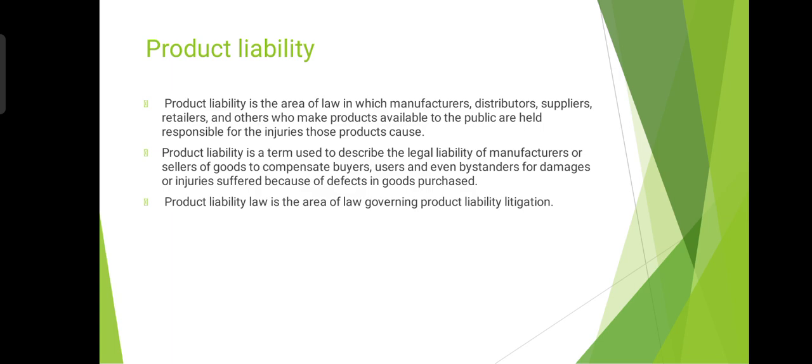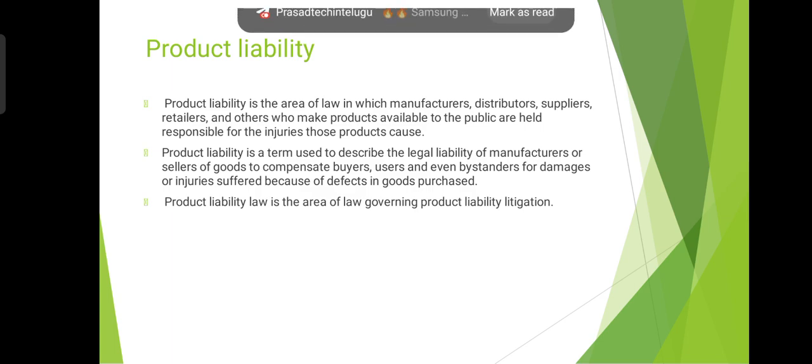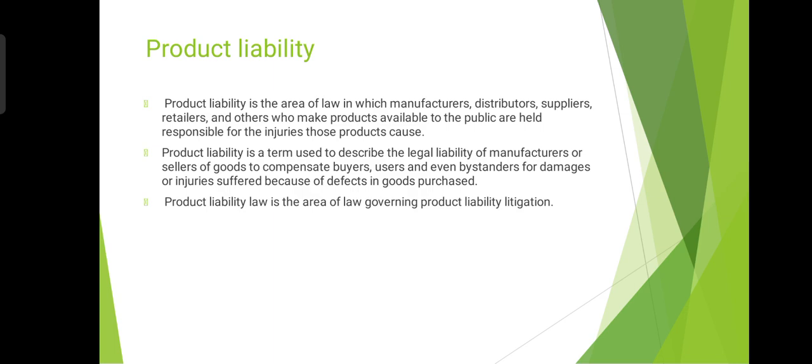Product liability is a term used to describe the legal liability of manufacturers or sellers of goods to compensate buyers, users, and even bystanders for damages or injuries suffered because of defects in goods purchased. Product liability law is the area of law governing liability litigation.